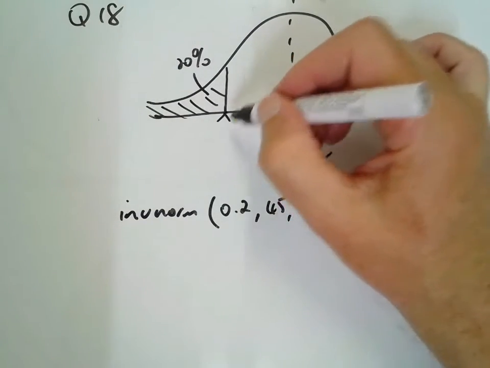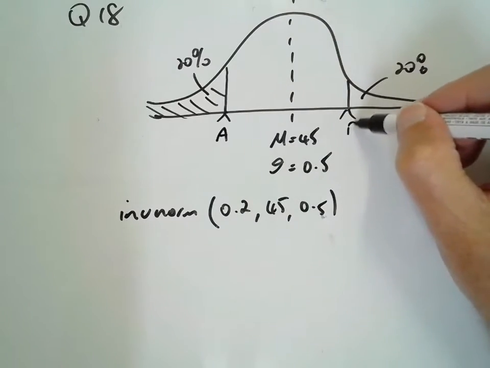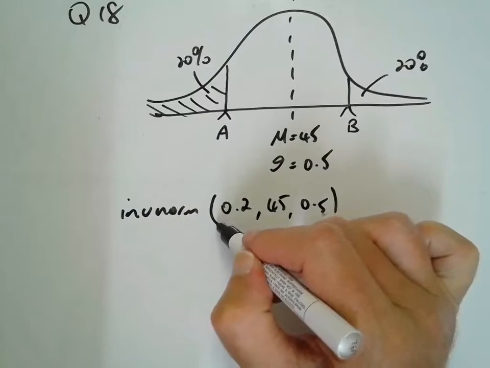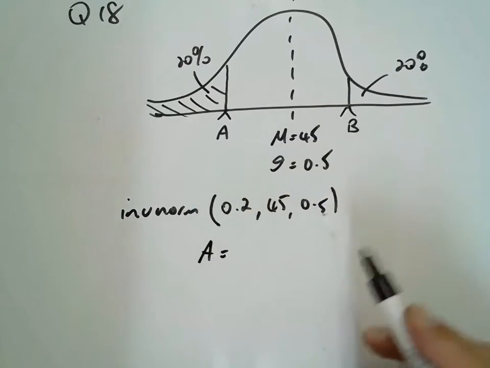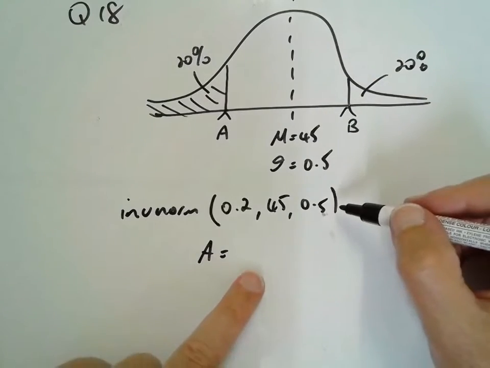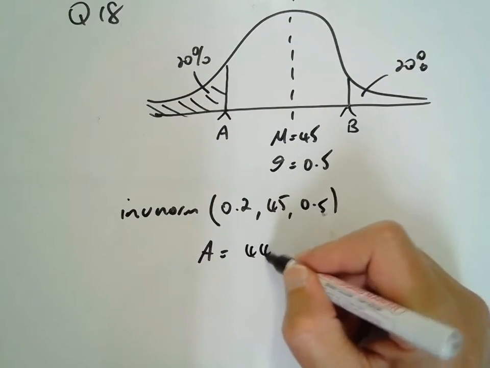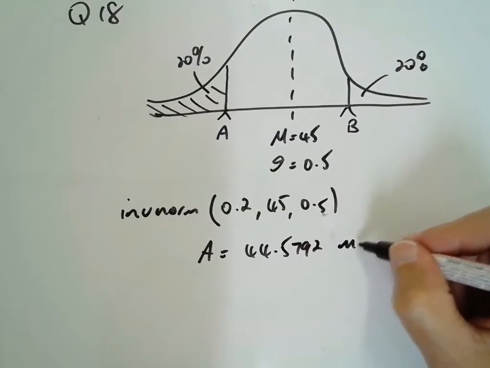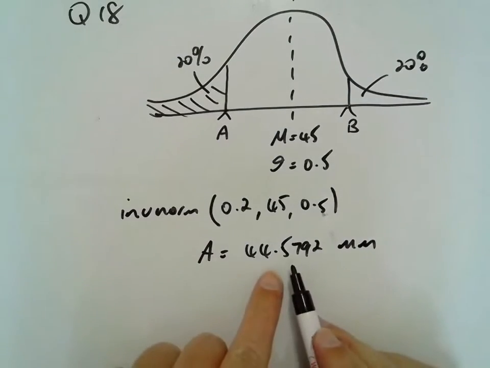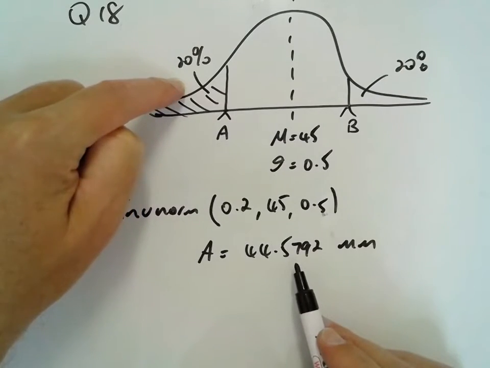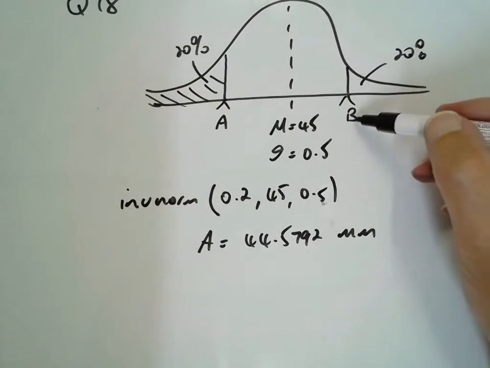So if we label that point as A and that point as B, then the calculator input will give us A equals, whack the enter button, and 44.5792, and I think it's in millimetres. So anything shorter than that is in the bottom 20%, will be thrown out. Done.